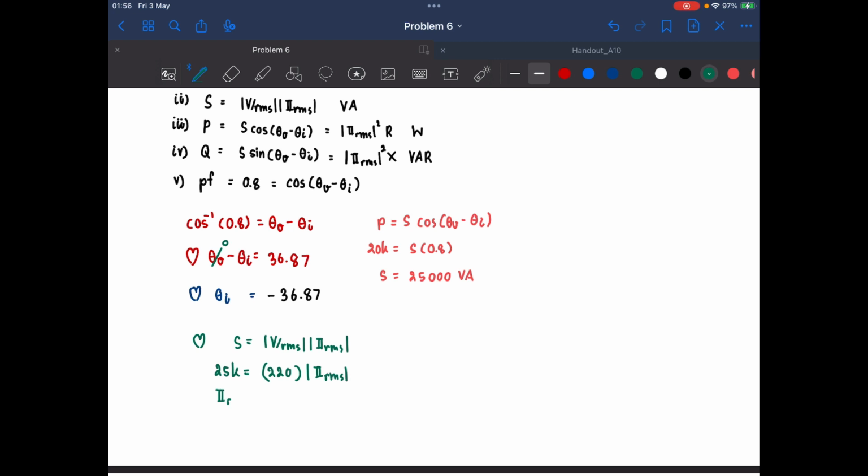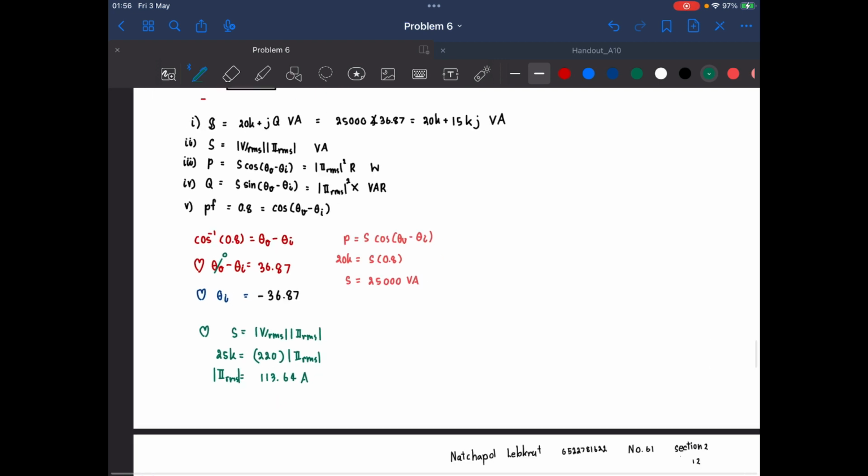The IRMS will be equal to this value, ampere. Don't forget that this is the magnitude here.